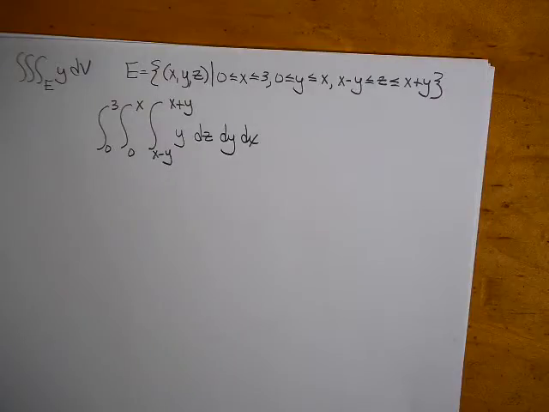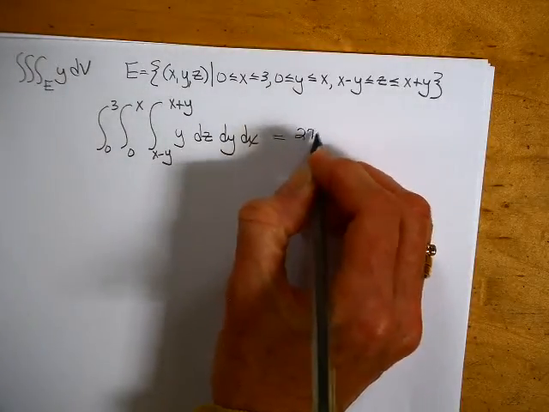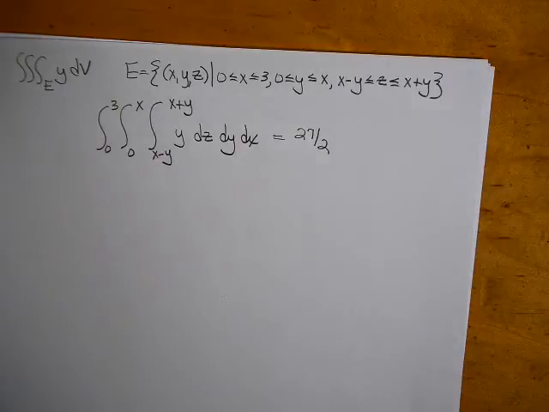I hope I'm going to type it in right. Okay, if I typed it in right, I got 27 over 2. So that means y'all should get 27 over 2. All right, so that's a kind of easy one.